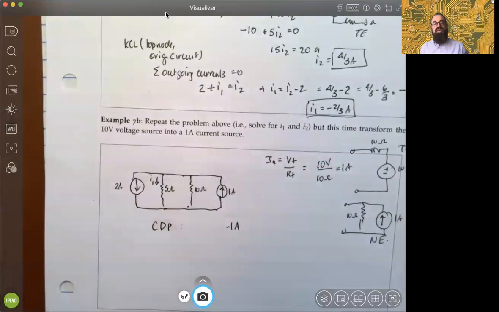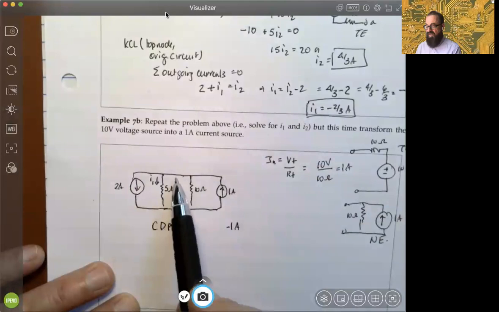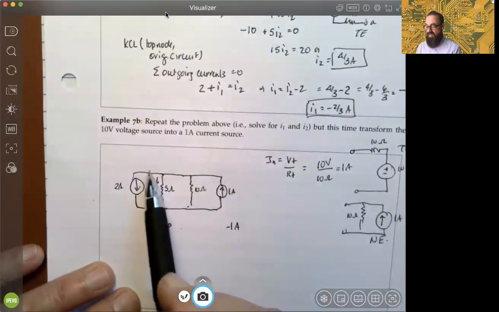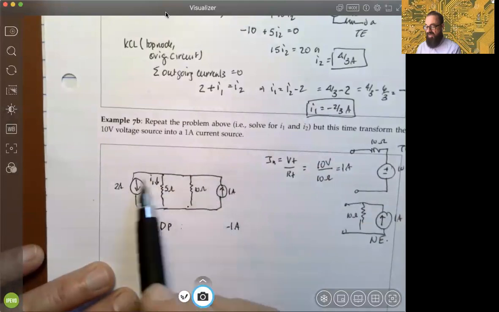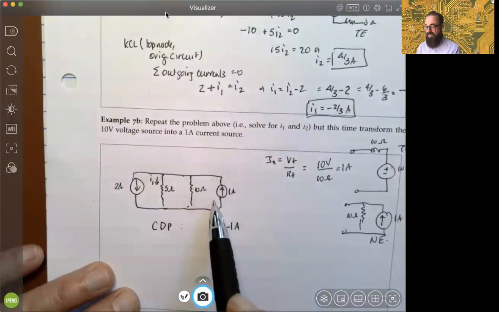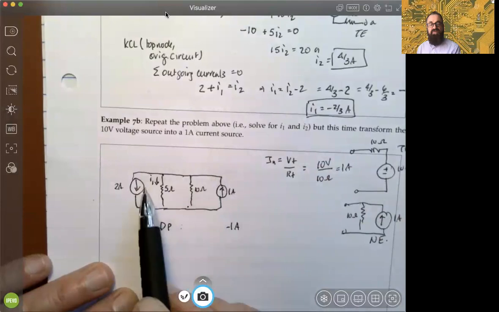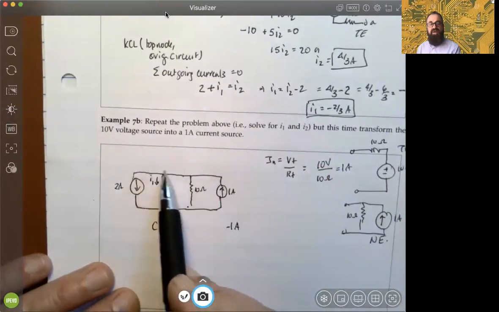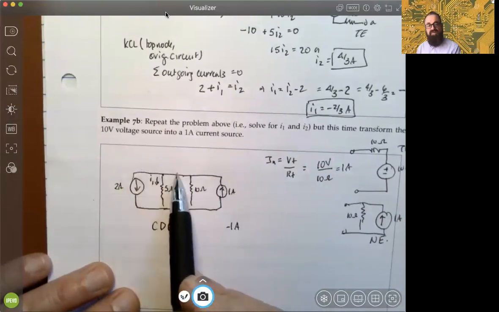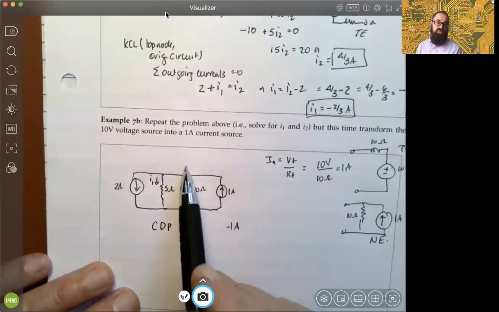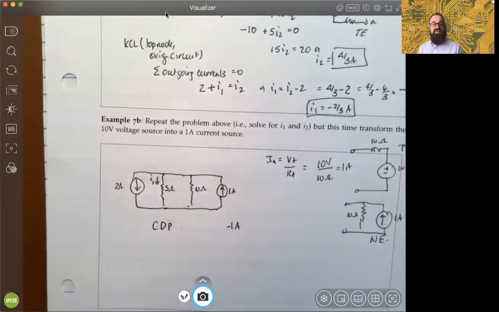You could also say the sum of the incoming has to be equal to 0. So this has got -2 coming in and a +1 coming in. So it's a net coming in of -1 amp.